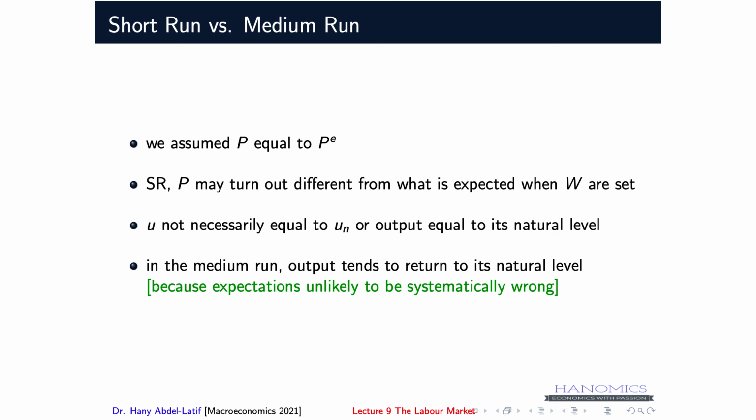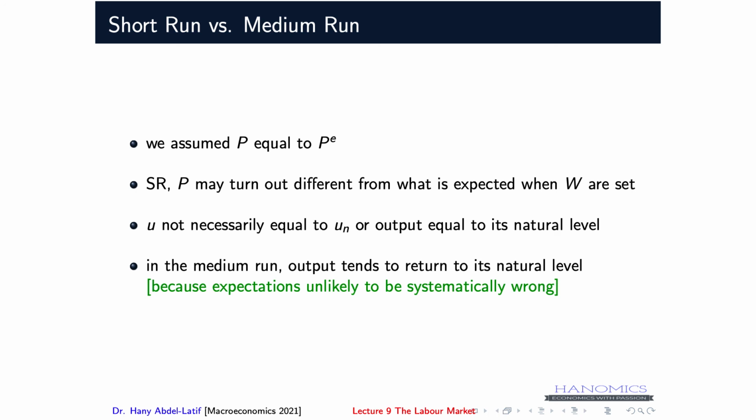But what we assume now is that both are equal, and this is something that in the short run might not be true. The actual price level doesn't have to be exactly the same as the expected price level when the nominal wages were set. So the unemployment rate in the short run doesn't have to be the natural rate of unemployment.